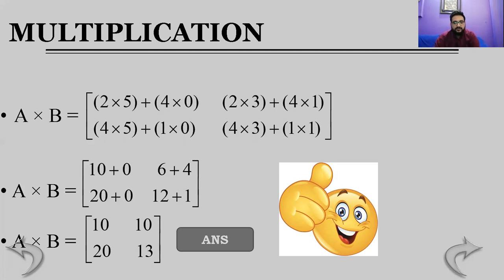You suppose any values in A 2 by 2, and you suppose any values B 2 by 2. The order will be the same, 2 by 2, 2 by 2. Any value you can suppose for the matrix, and then you can multiply them with each other.